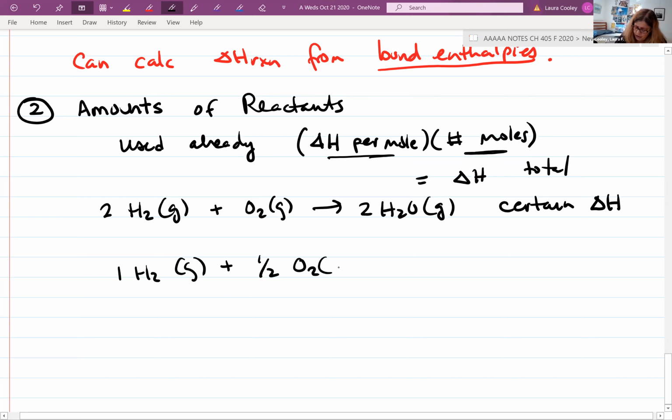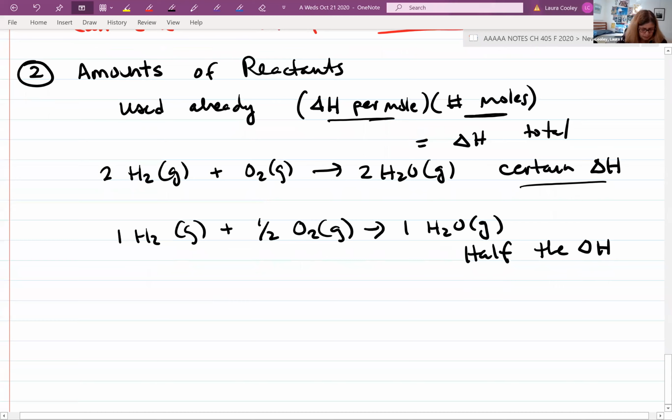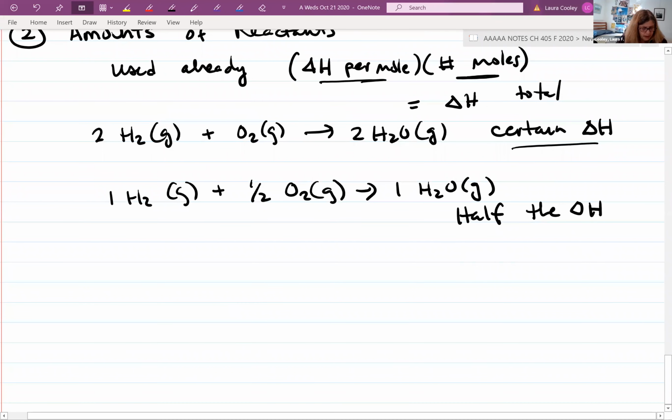We use a lot of fractional coefficients in this course. Well, if this has a certain delta H, this has half the delta H. Okay. And also, if you reacted twice as much H2, you'd have twice as big a fireball. You'd release twice as much heat. So I think I've got that point across.